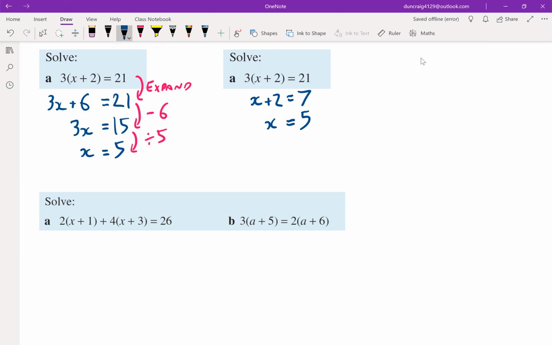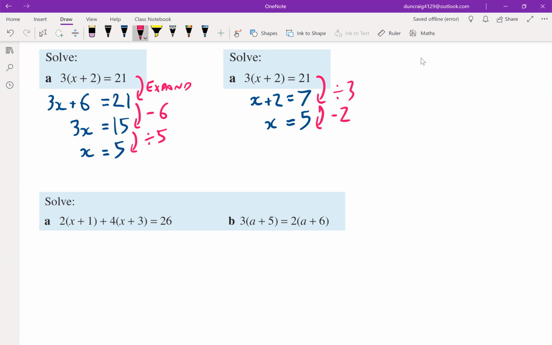And look at that, we get the exact same answer. Here all I did was divide by 3 and then subtract 2, so that's 2 steps rather than 3. If you've just got the one set of brackets like that, you can just do it like that.